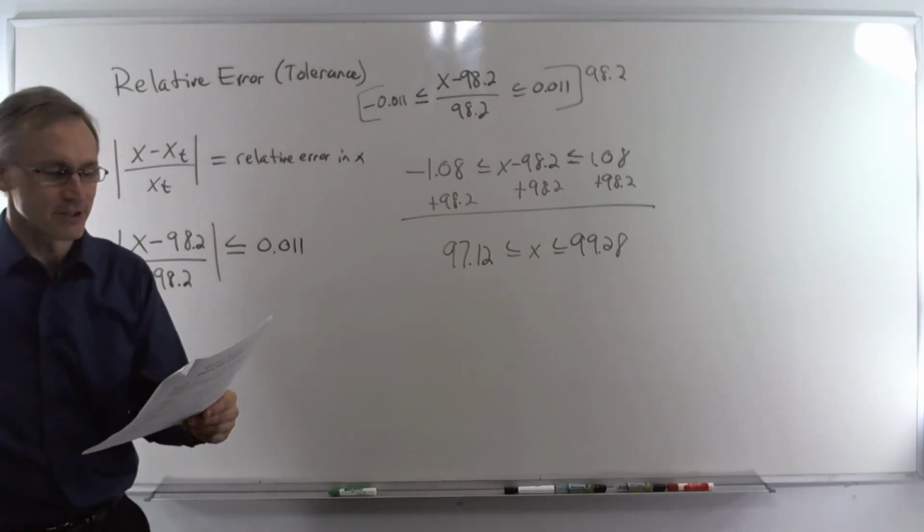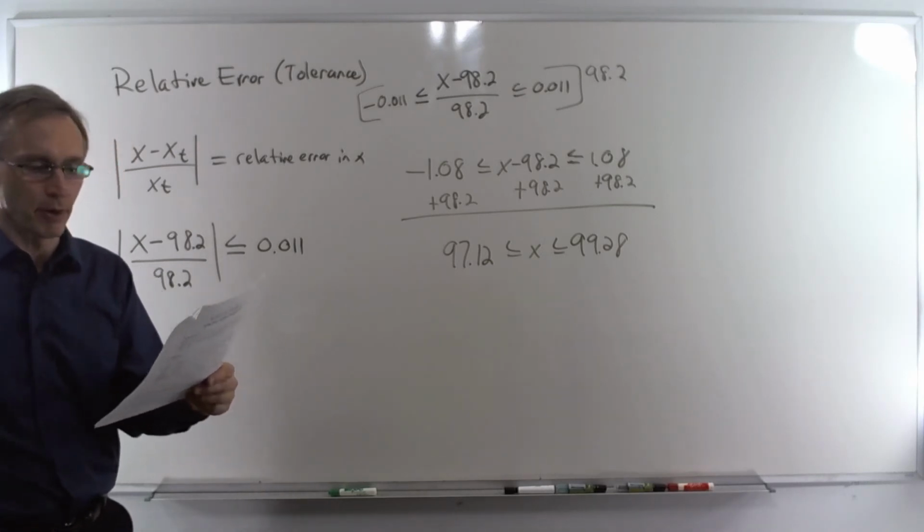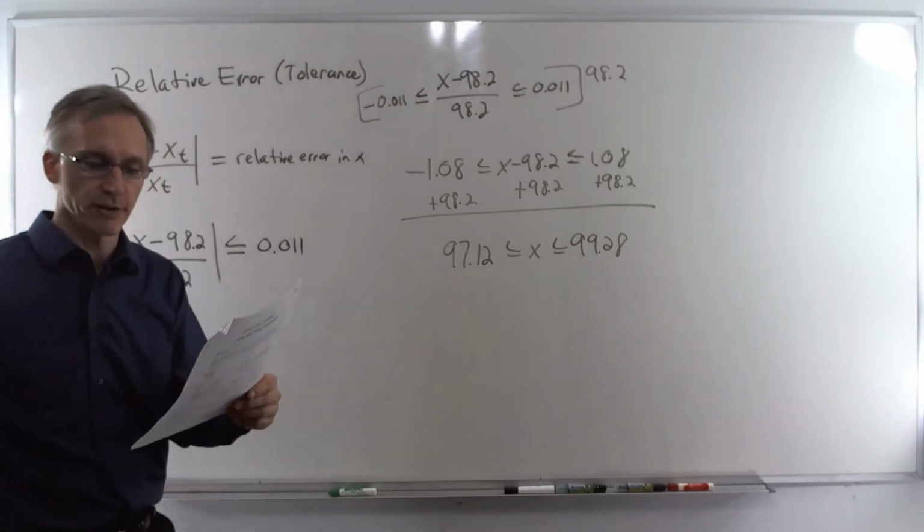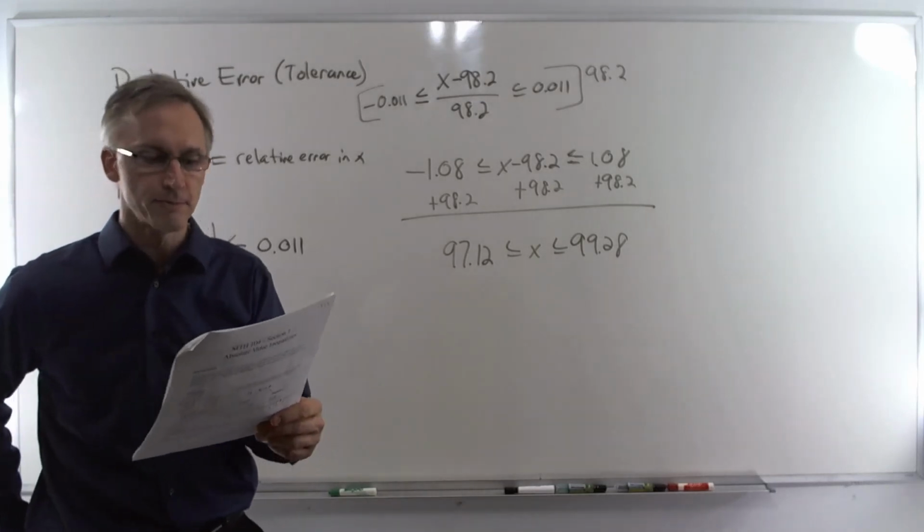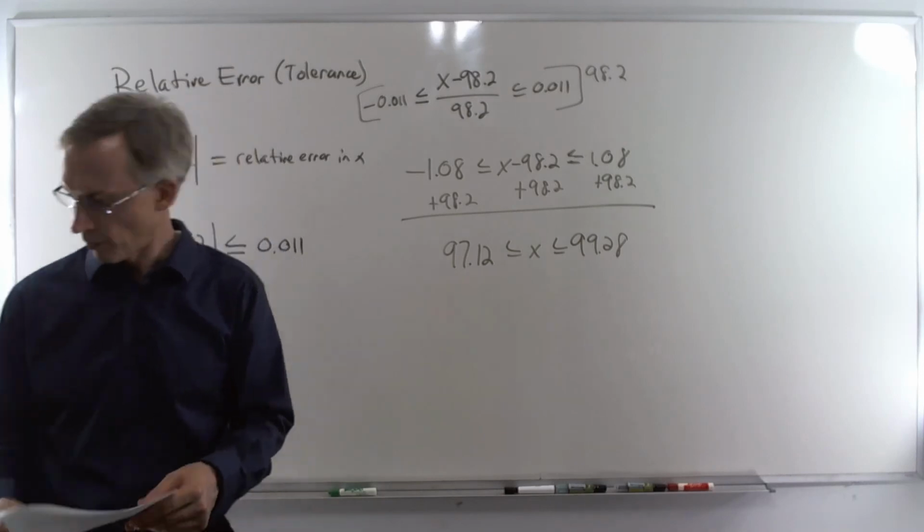Okay, we're back to the introduction. What's the range of acceptable weights for a 20-ounce box of breakfast cereal if the actual weight must be within 3% of the printed weight?